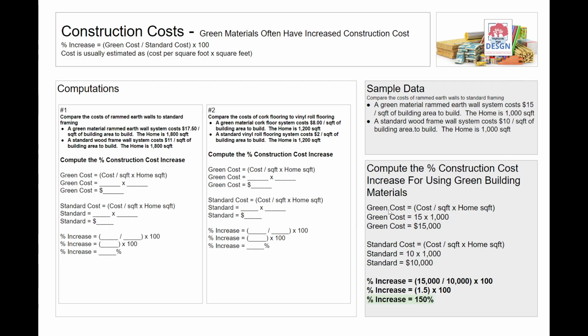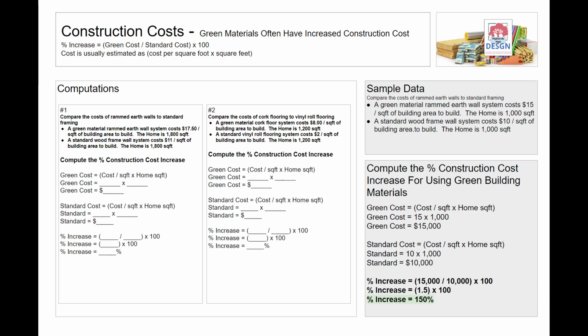So the green cost is the cost per square feet, 15, times the home square feet, 1,000. That's 15 times 1,000. It's 15,000. It's going to cost me $15,000 to build this house with rammed earth wall systems.